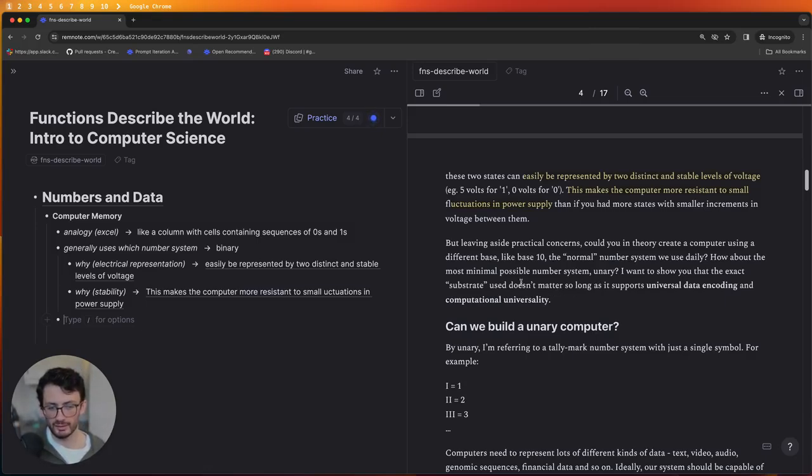And then the final flashcard that you might like to make from this section would be something to encode this idea that the specific substrate used for the computer memory doesn't really matter, at least in theory, as long as it supports these two properties, universal data encoding and computational universality.